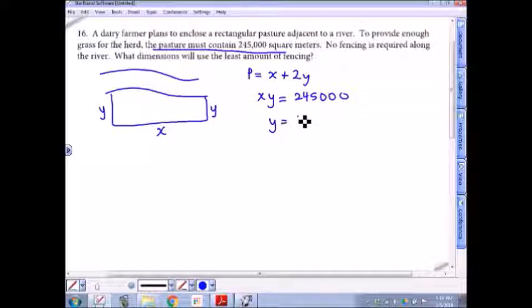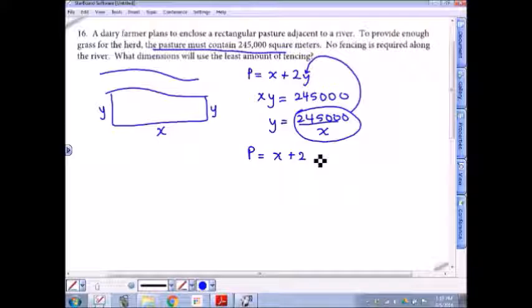If we get y by itself, divide by x, you get 245,000 over x. So now we can take this and plug it in for y and create a new perimeter formula. P equals x plus 2 times that area formula, 245,000 over x.